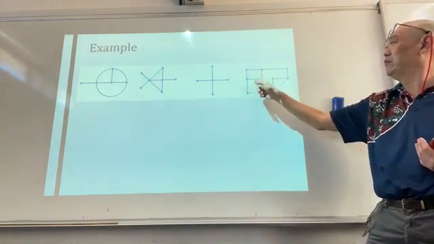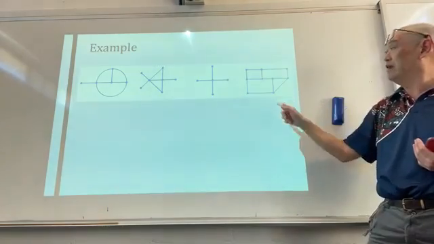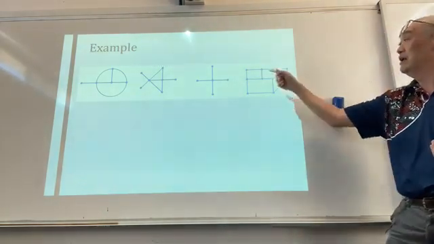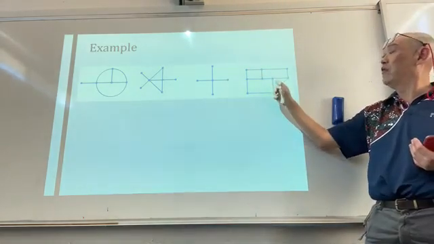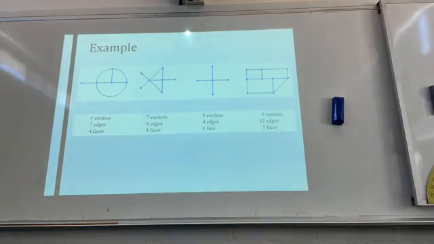Here, you've got 11 edges, 9 vertices and 5 faces. All right? You need to be able to identify the vertices and edges because eventually you need to use Euler's formula.